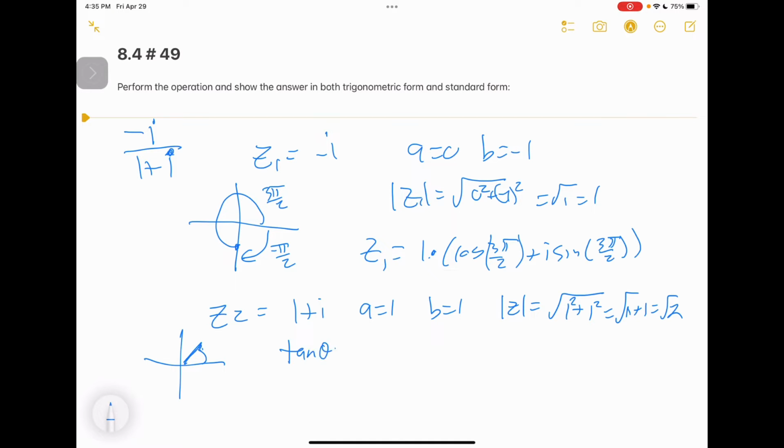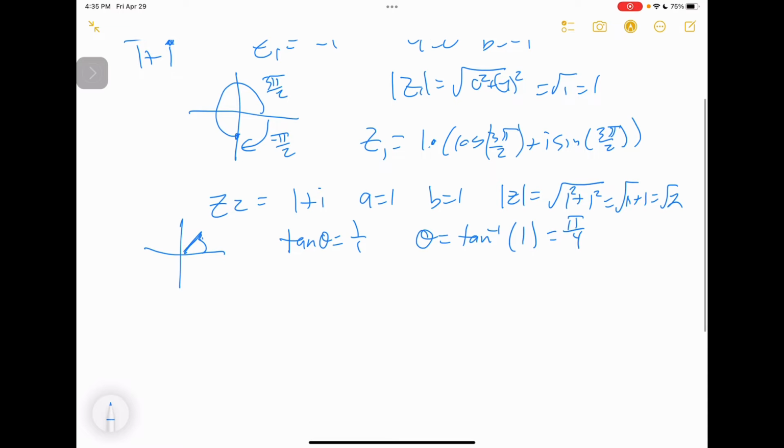Tangent of theta is b over a, so 1 over 1, and theta is tangent inverse of 1, which is pi over 4. That one I wouldn't go for the negative 5 pi over 4. So my Z2 is the square root of 2 times the quantity cosine of pi over 4 plus i sine of pi over 4.